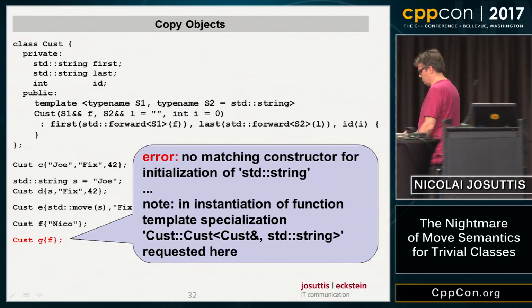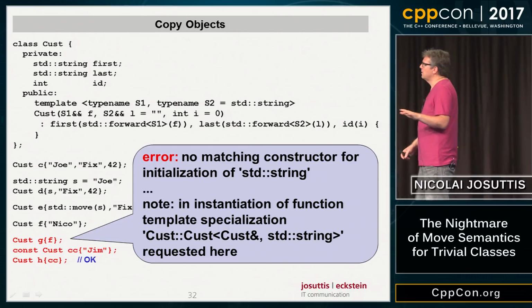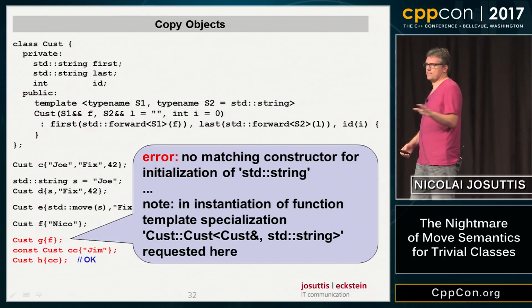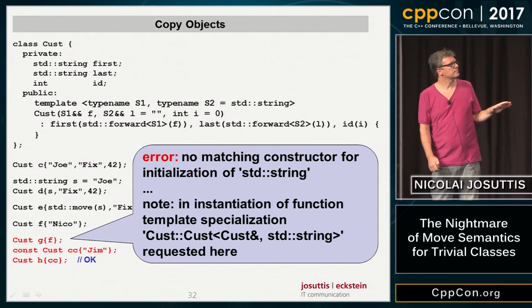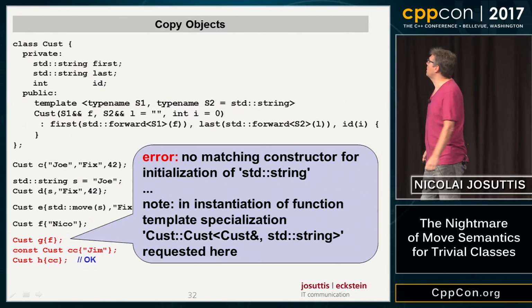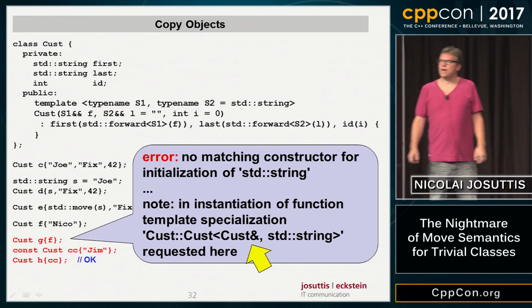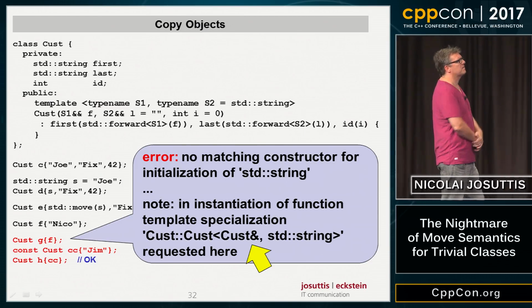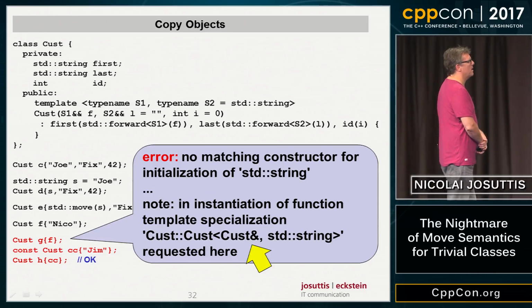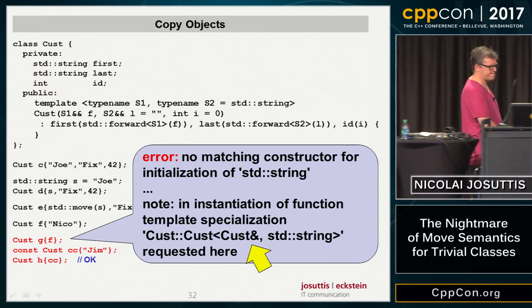Okay. A const Customer copied to another Customer compiles. And probably most of you have seen this problem also sometime before. The problem is that we pass a Customer and not a const Customer.